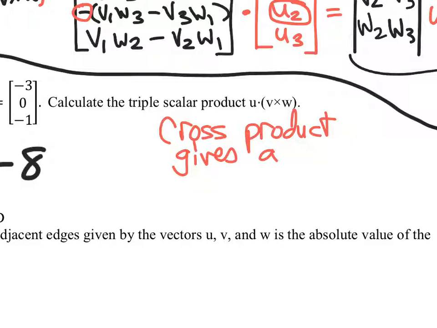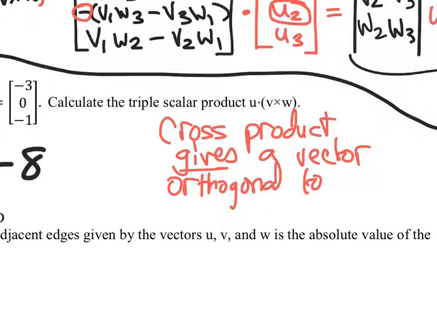But the cross product itself gives a vector orthogonal to two given vectors.